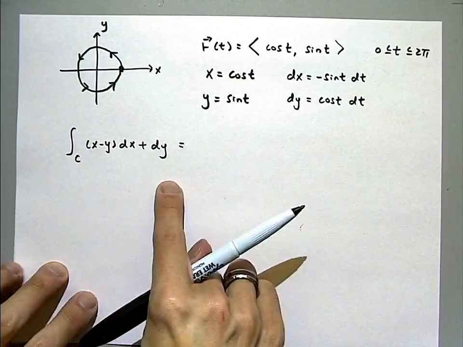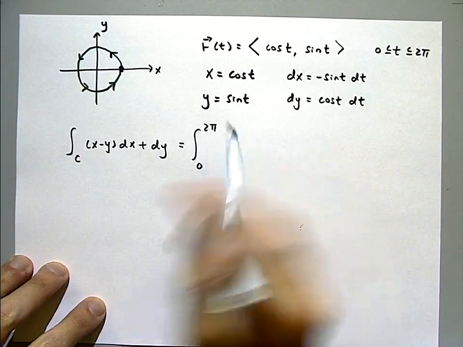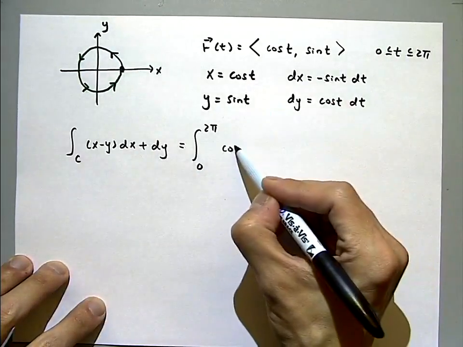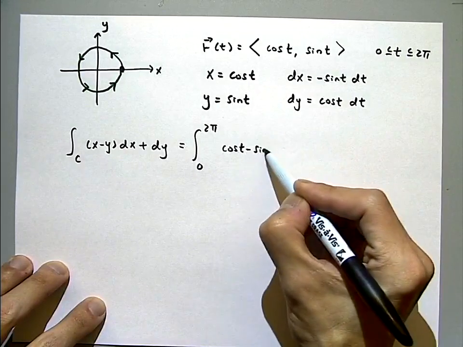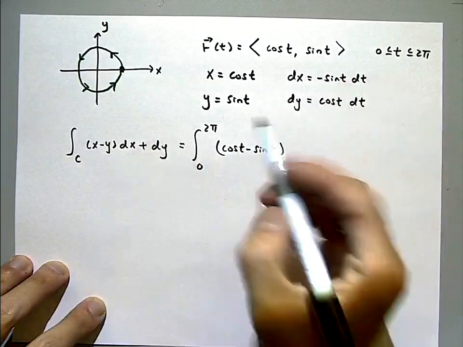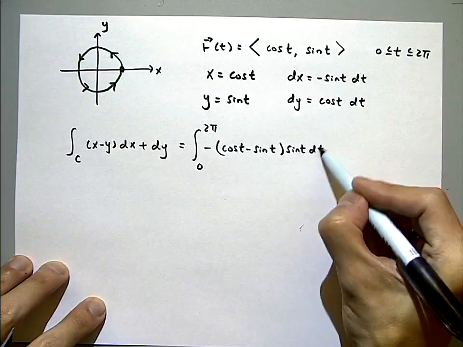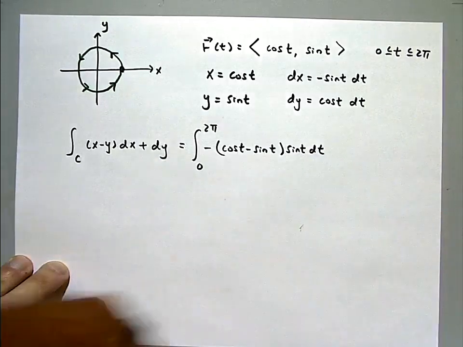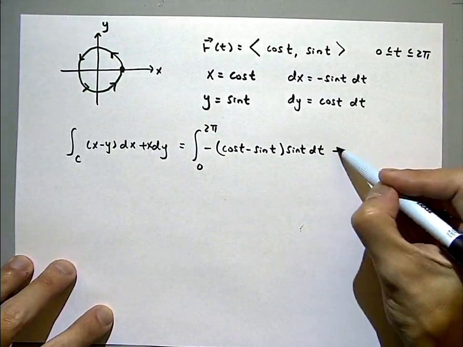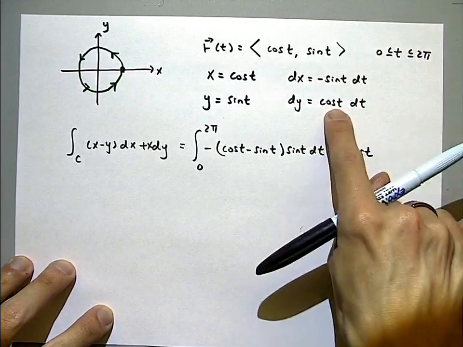So this line integral we're trying to do becomes an integration from 0 to 2 pi of x minus y times dx plus, oh, I'm missing something, x dy, sorry. Here's an x plus x dy.